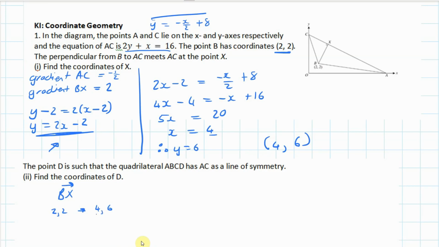So you can see that BX is the vector 2, 4. We've gone across 2 and up 4. So if AC is a line of symmetry, then we're just going to go across 2 and up 4 again. So the coordinates of D will be, we take X and add 2, 4 to that, so we should get 6, 10.